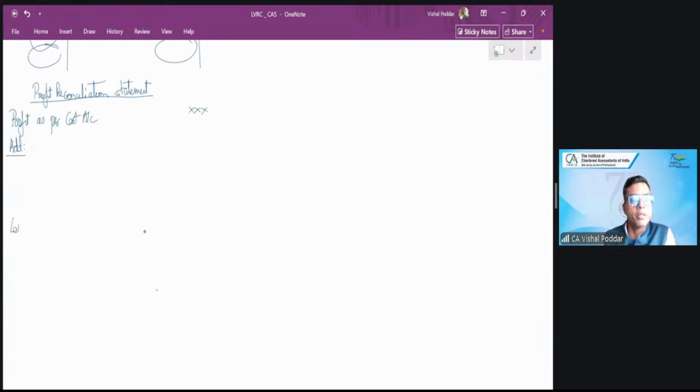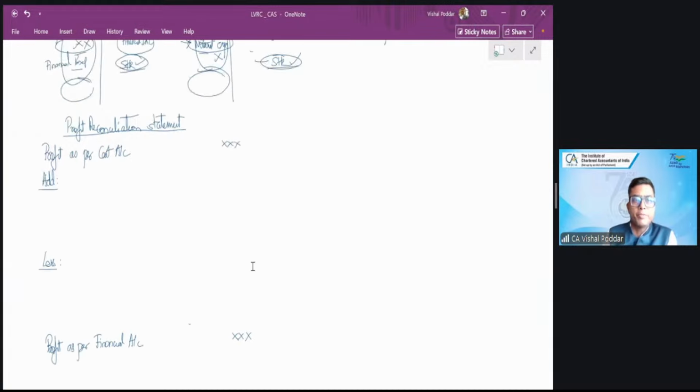And then you will decide the add and less for the differences. So you will reach the other profit. So this is our statement format, which is the same as what we did in BRS, that is bank reconciliation statement.